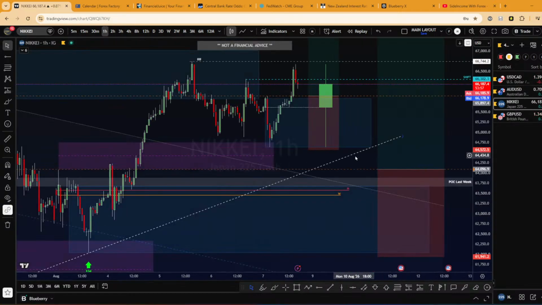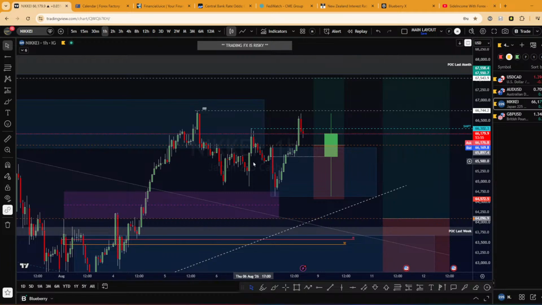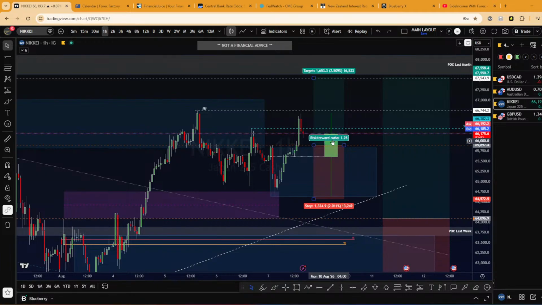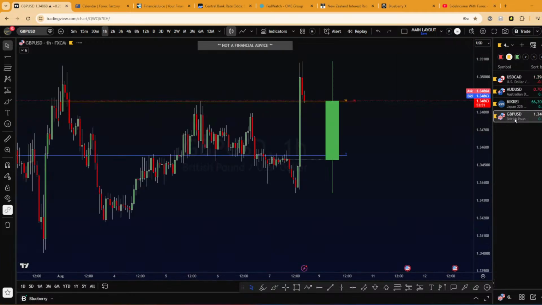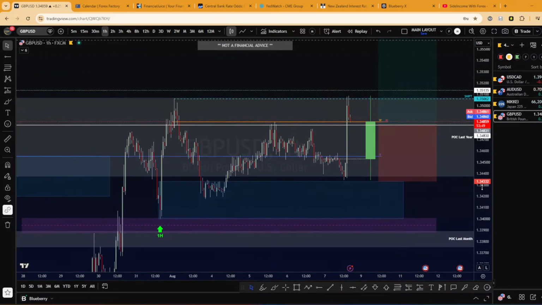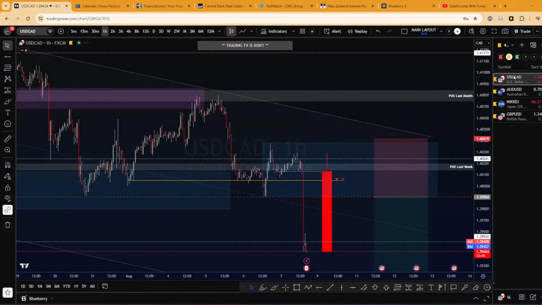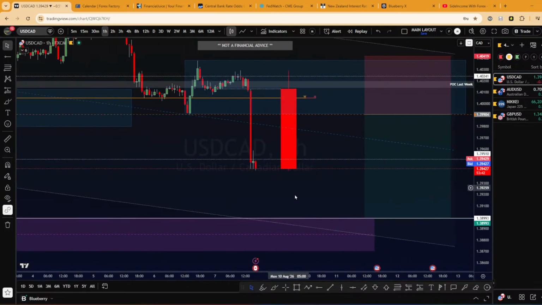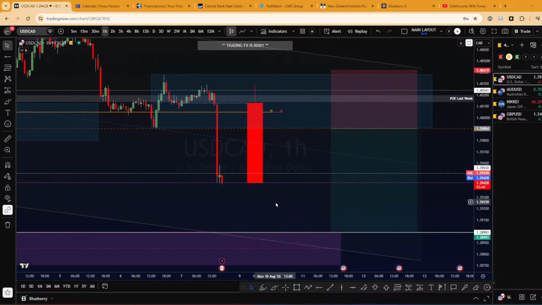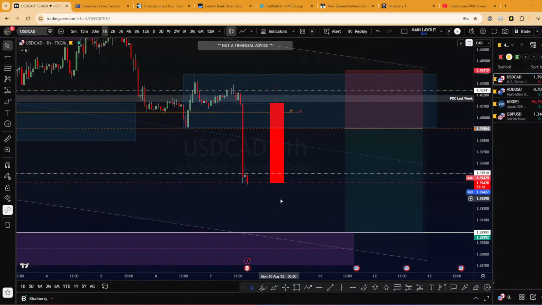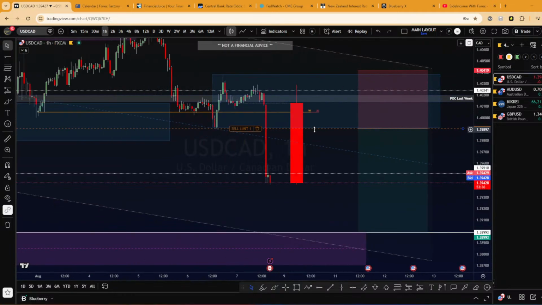Look at the Nikkei, same thing. I will let it pass, but nice opportunity also. The pound, same thing. USDCAD is dropping. Man, it's a shame that we couldn't get some retracement here.